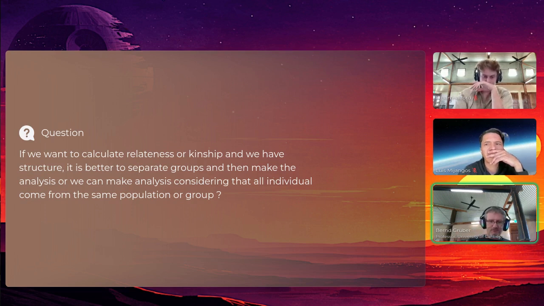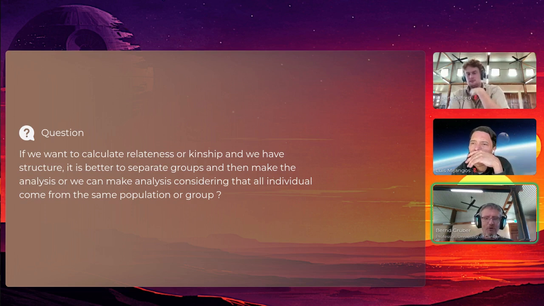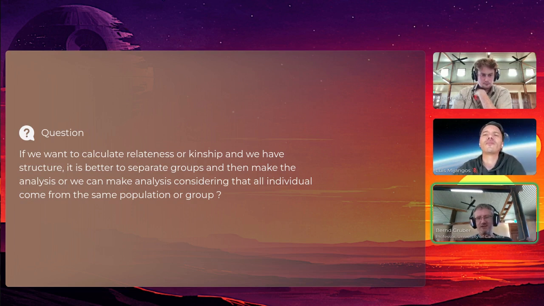If you have a fairly good unbiased estimate of the allele frequencies, then probably most of the estimates give you similar results, at least. That's probably where I stop. So if you have two groups which are totally separated and they have their own allele frequencies, separate them. If it's more like a mixed population, then no, I wouldn't separate them.